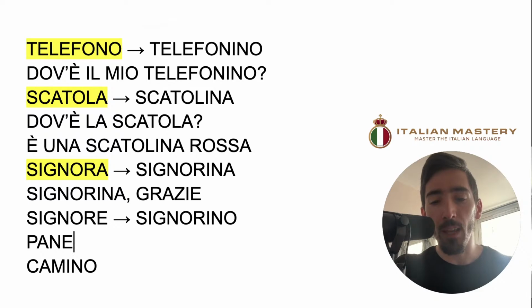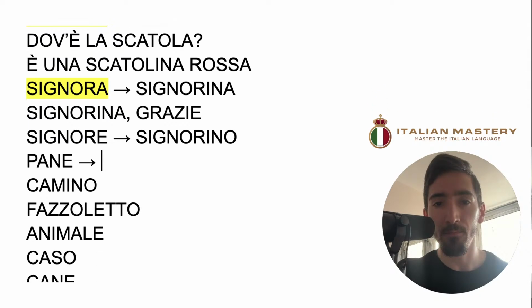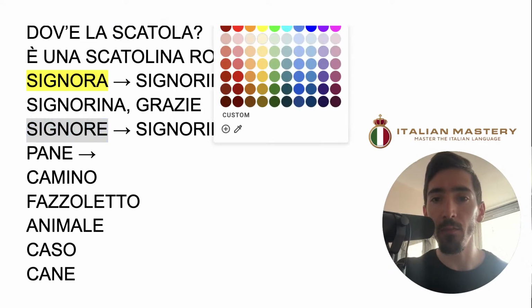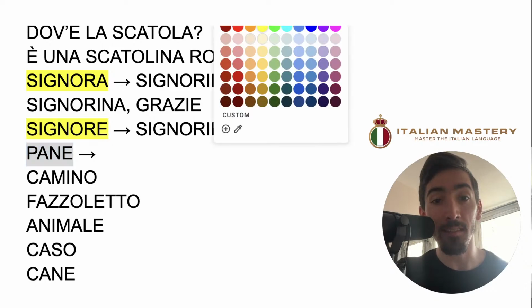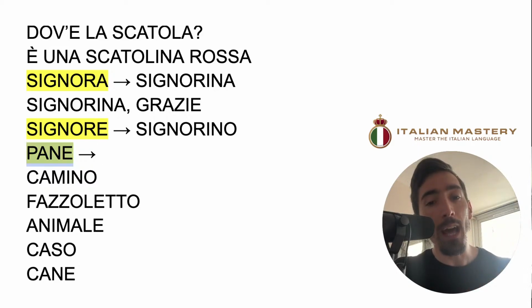This pane, now it should be easy given all the examples that we've already done. Pane. Pane has the same problem. Pane, we have to know in advance what it means, because it's not regular.